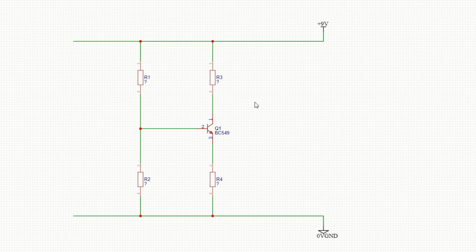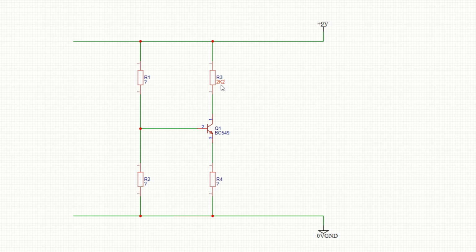Anyway, so say the next stage has an input impedance of 47k, just for the sake of argument. So that should have a maximum value of 4.7k, and I'm going to call it 2.2k. So let's say 2k2. Now you want a gain of 5, or DC gain, because you can set the AC gain separately, make that higher.